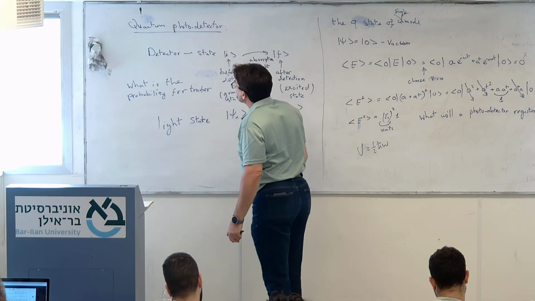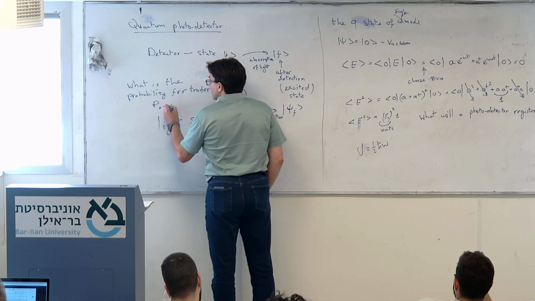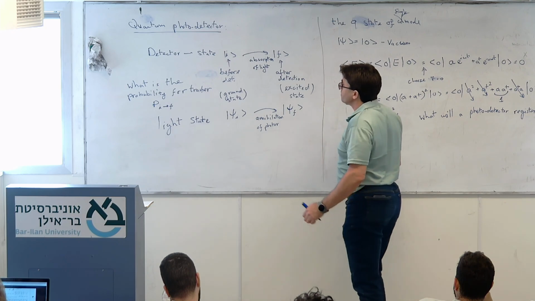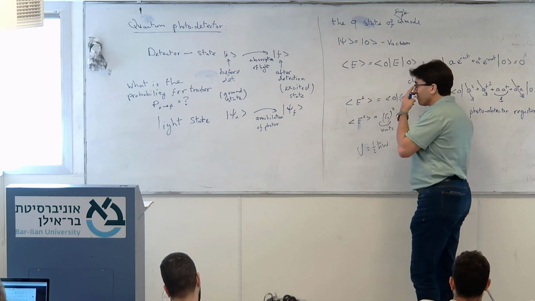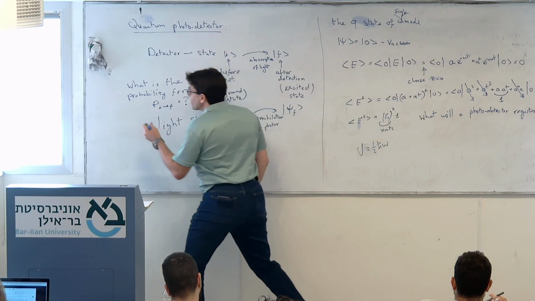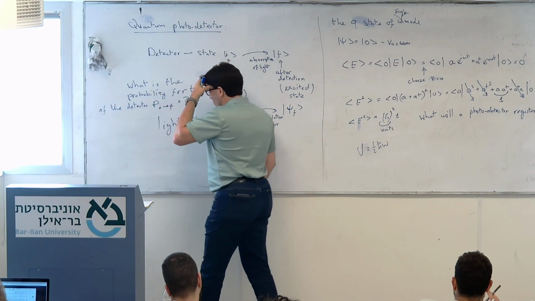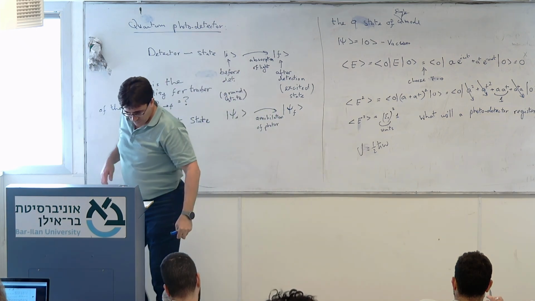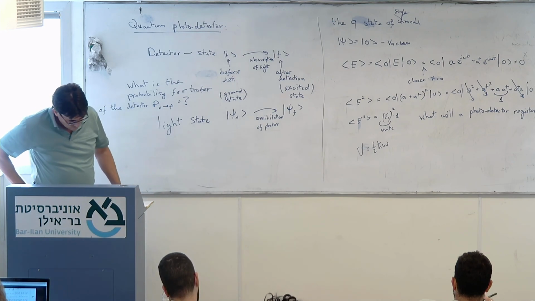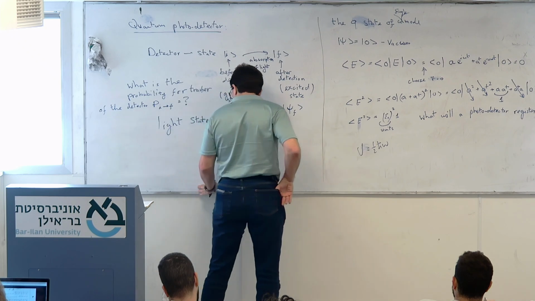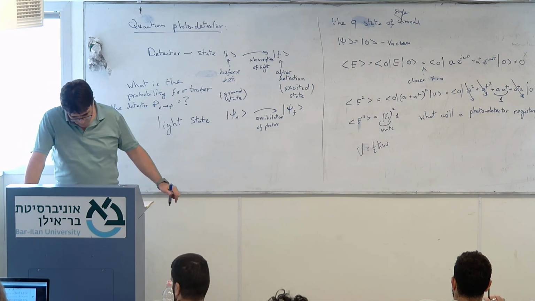So that is the probability for the detector to go from initial to final. Now, I'll be careful with that.